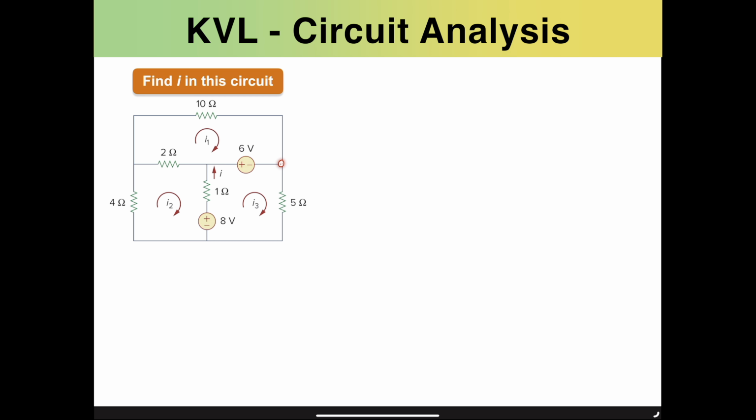But when I1 gets to this node, we need to consider how much of I1 is going to pass to the left, or how much is going to be passed downwards. That is something we need to decide first.